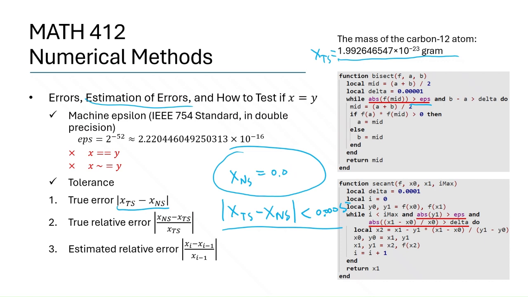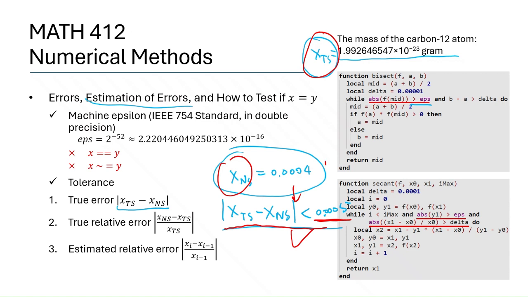Now you get this value. How about if I get this other value? If you put this value and this value into this test, and you believe this is a very small number, you calculate the difference, take the absolute value, and yes, this is true.